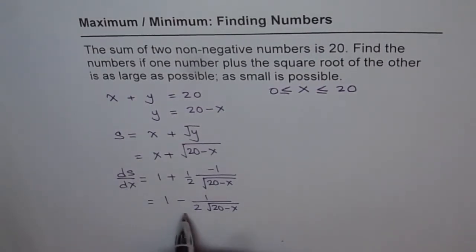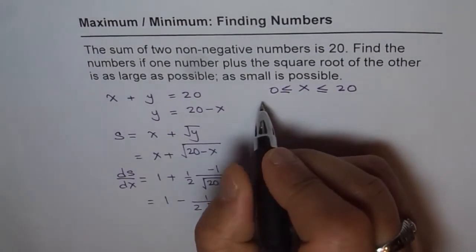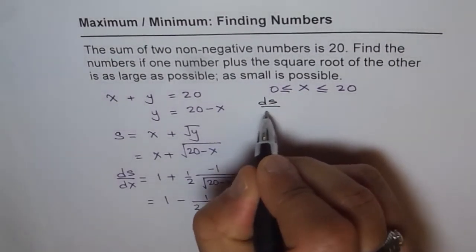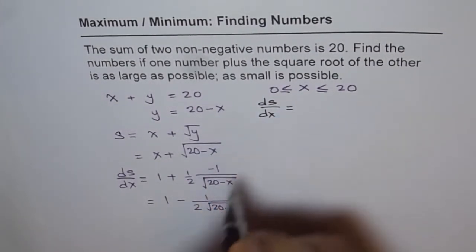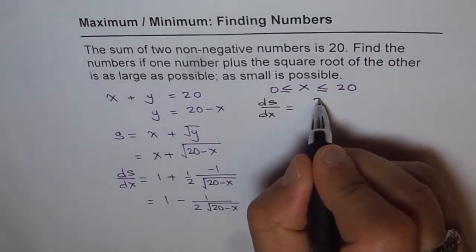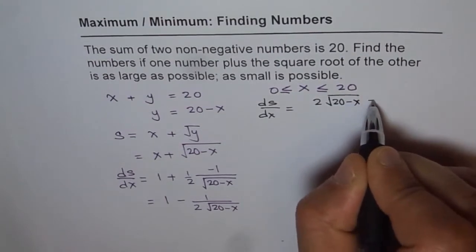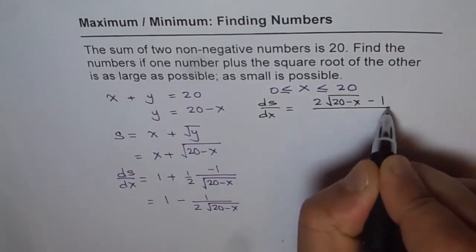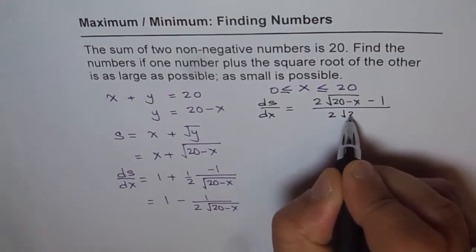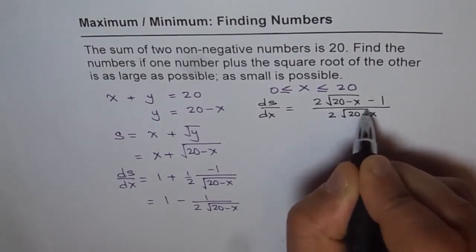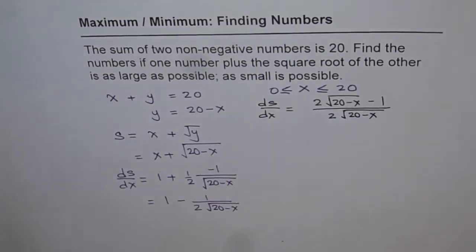Now let's write down this equation in the form of dS over dx equals, we'll take a common denominator. So we get 2 square root of 20 minus x minus 1 over 2 square root 20 minus x. Right.